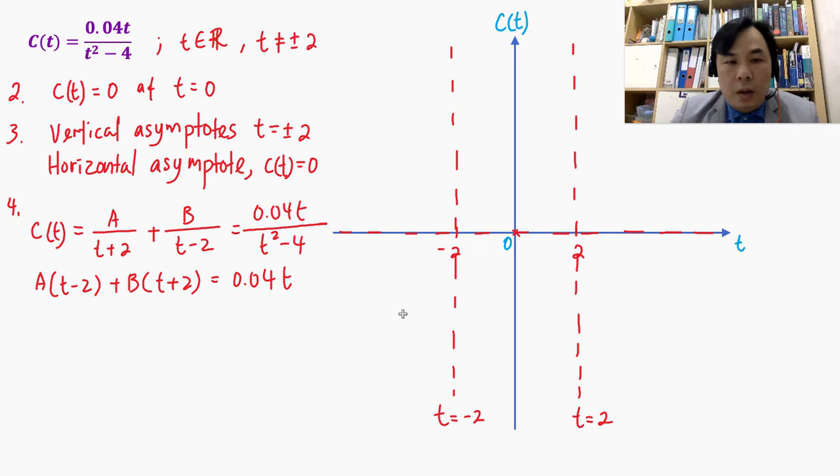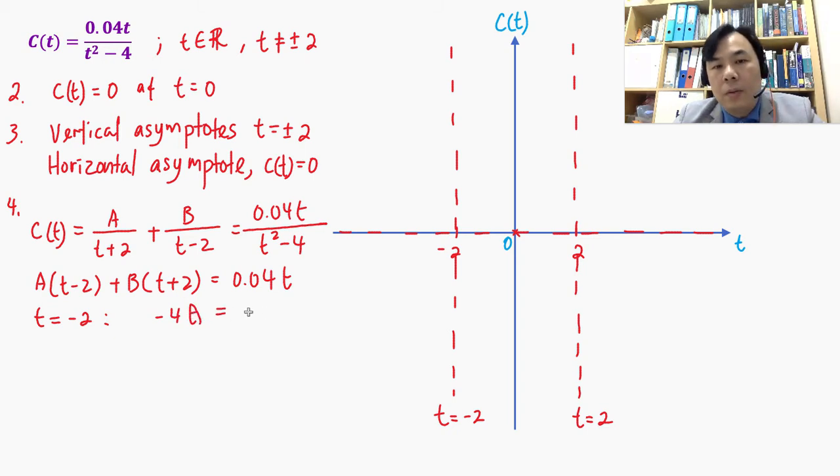Now, of course, you can substitute any value. For instance, substitute t equal to negative 2. Therefore, we have negative 4a here. Is it negative 4a? Yeah, correct. Negative 4a, and then you have your 0.04, negative 2 here.